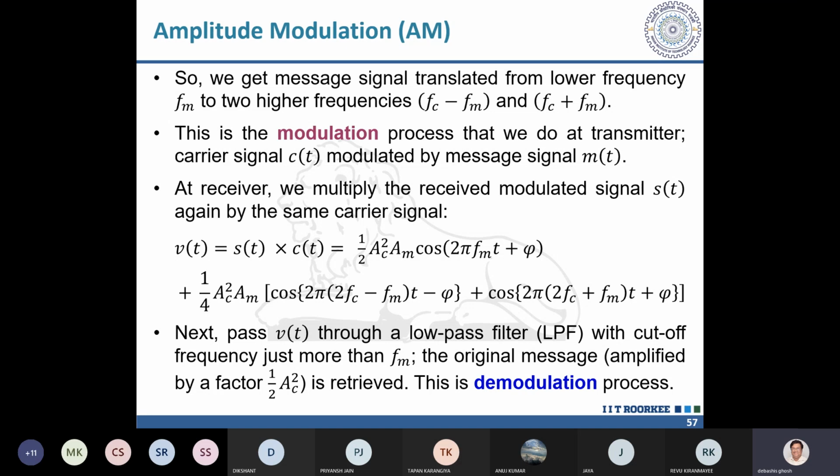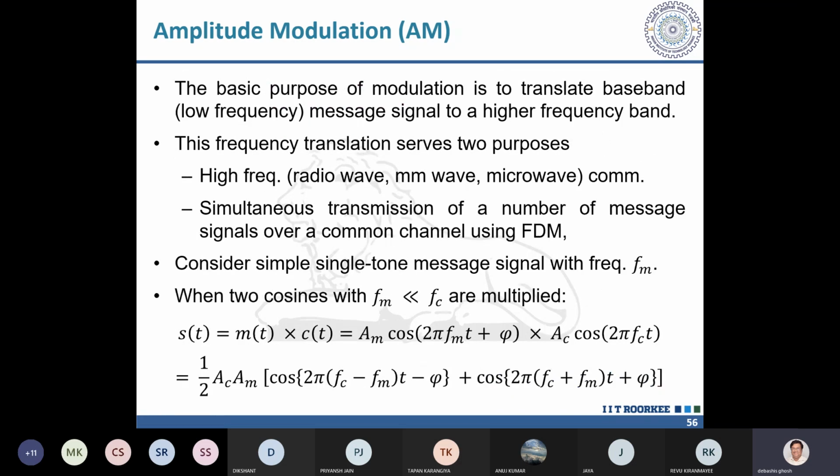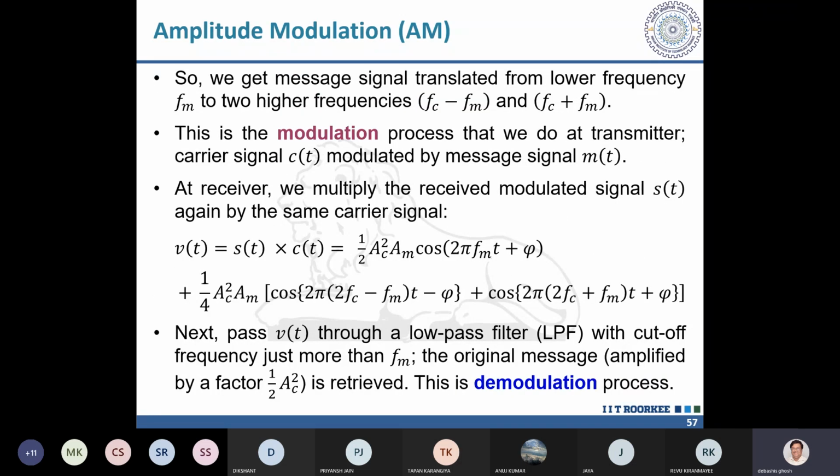And for that we multiply again the received signal. The modulated received signal is s(t), the product that we have got here. So this s(t) is now multiplied again by the same carrier signal c(t) at the receiver. If I multiply it, now I get this.